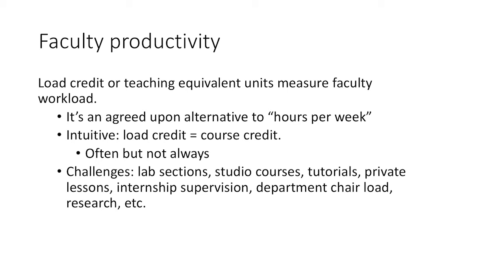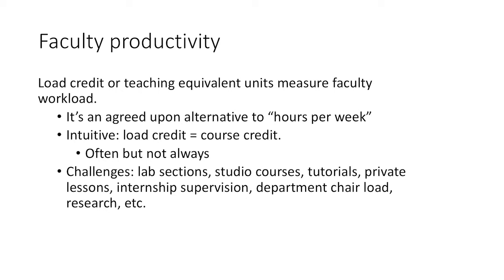Because faculty get paid salaries, that salary can be thought of as being split across all the assignments that a faculty member has. And so, in a sense, every load credit for a faculty member is like a salary unit for a faculty member. It is important, therefore, if you're a dean, to pay close attention to how many load credits you give for various assignments, because every new load credit you give for an assignment is, in fact, salary that you're assigning to a task.